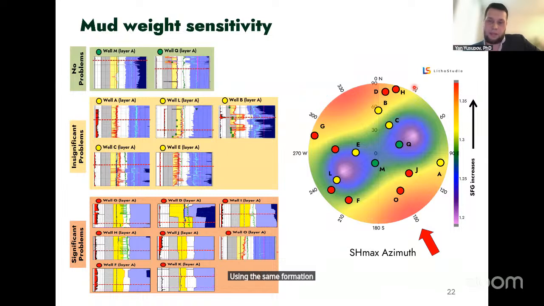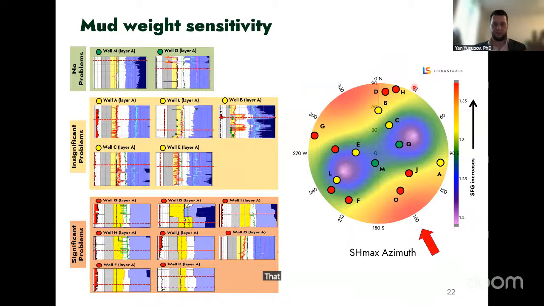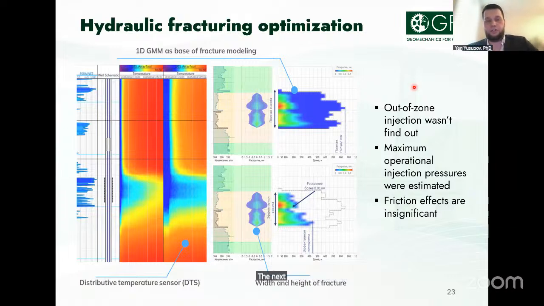For example, it can be shales, maybe a shale layer that intersects all those wells in the oil field, or other types. The next part of the tasks of geomechanics is hydraulic fracturing optimization.